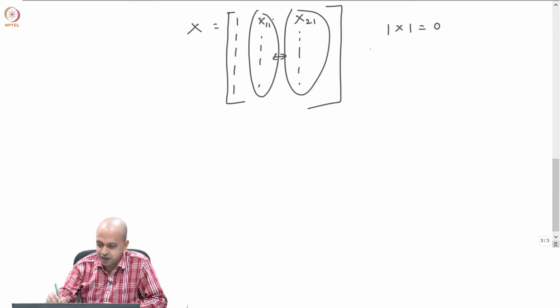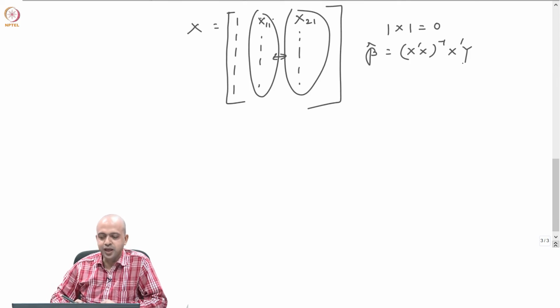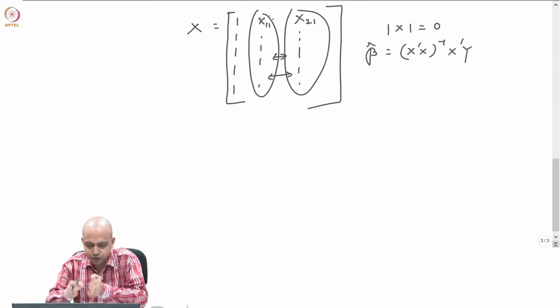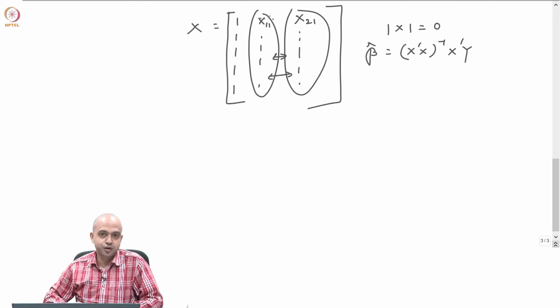So, beta hat, which you estimate as (X prime X) inverse X prime y, cannot be estimated when there is perfect linear dependence between x1 and x2.